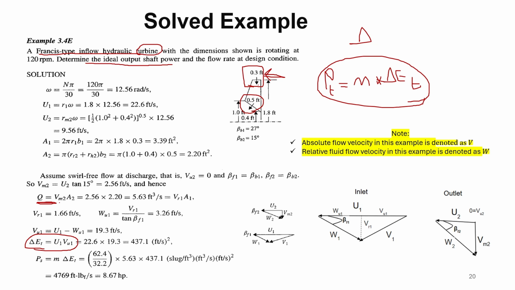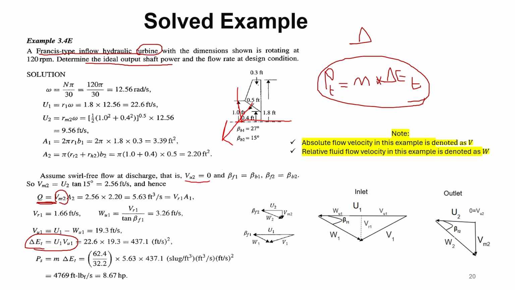Now why do we have V sub M2? This is the meridional component, because we have mixed flow at the inlet, mixed direction, not radial, not axial. Okay, this is the axial and this is the radial. So this guy is leaving like this. So you need to be careful about that.